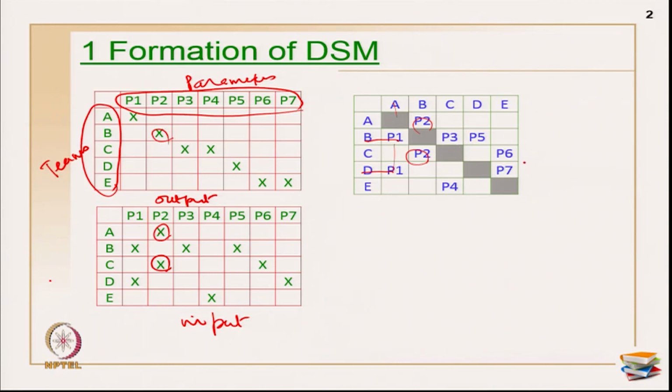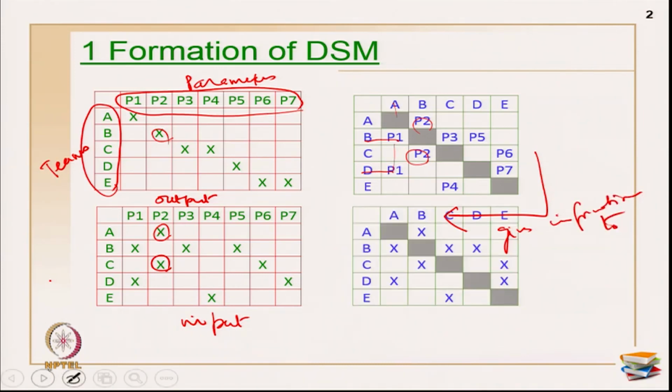Okay. Once you cross check whether there are any omissions in the list of teams or parameters and so on, then once you are fully comfortable with the flow, you can easily look at it like this and read it as "gives information to" and "gets information from". Once this is completely settled, then you can merge it into a conventional activity DSM by replacing all the variables that you have given here with X marks.